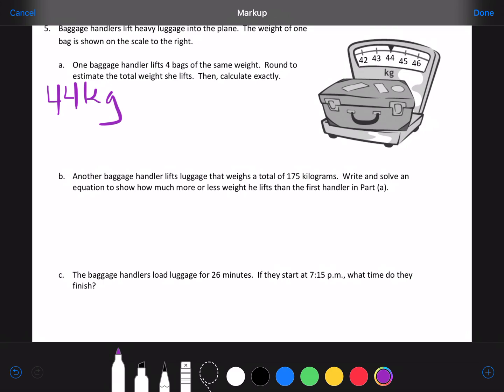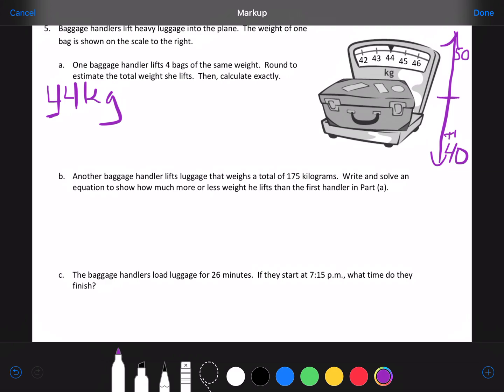So one baggage handler lifts 4 bags of the same weight. We want to round to estimate. So let's use our vertical number line. So if 44 is our real number, we're going to round to the tens place. So 40 would be our lower number. And if you add 1 to the tens place, that would make 50 as our higher number.